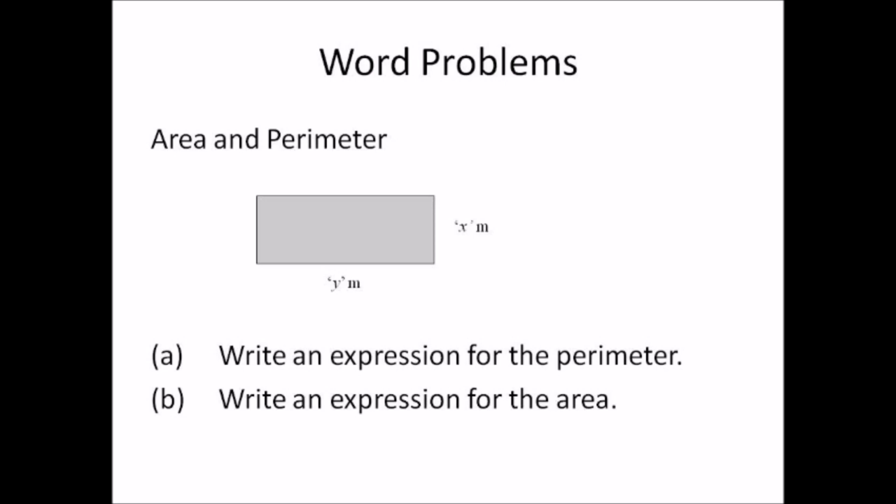A, write an expression for the perimeter. And B, write an expression for the area of that rectangle. You have to use the letters, so that's why you have to write an expression. Remember the formula for perimeter and the formula for the area of a rectangle. Then you would be all set. Got it?